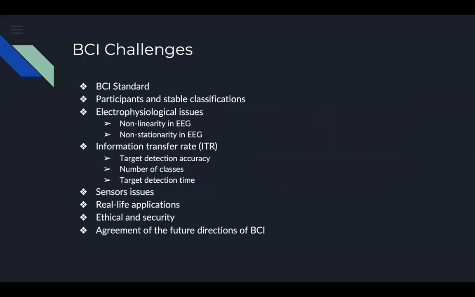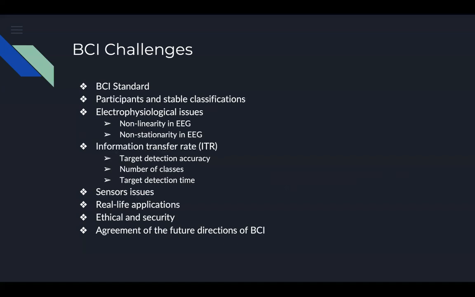So now I'm going to talk about the BCI challenges. What challenges in the current time period are we facing? As we know, a BCI is a neurological technology which interacts with the neurons, and our brain is one of the most complex challenges that we have ever faced.